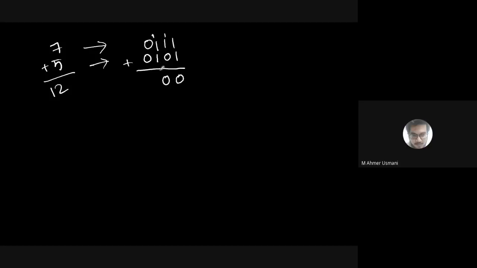What is this? 3, which is nothing but 1 and 1. Next, 1 plus 0 plus 0 is 1. So the answer is 1 1 0 0, which is nothing but 12. Is this clear? Yes, sir.